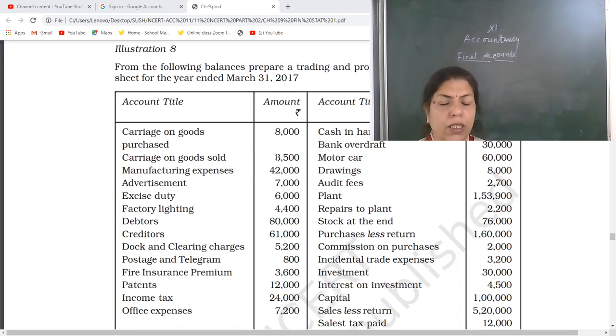Clear? Now see, manufacturing expenses. Clearly given, manufacturing expenses to be shown on the debit side of the trading account. Then advertisement is related with sales, that's why P&L. Excise duty related with production, factory lighting related with production, trading account. Okay? One by one you can note down.